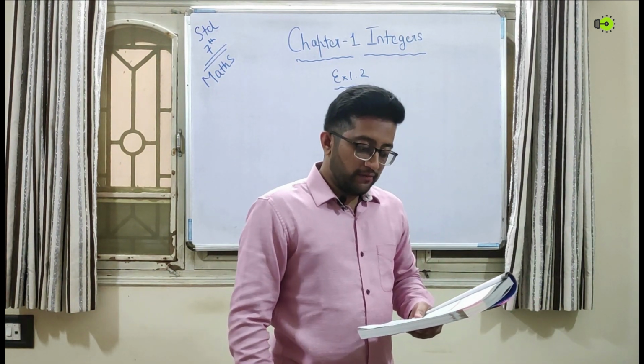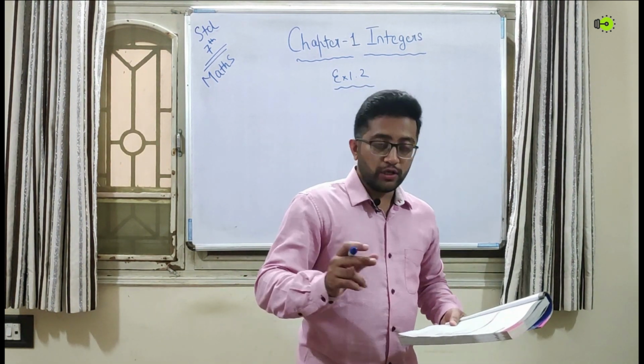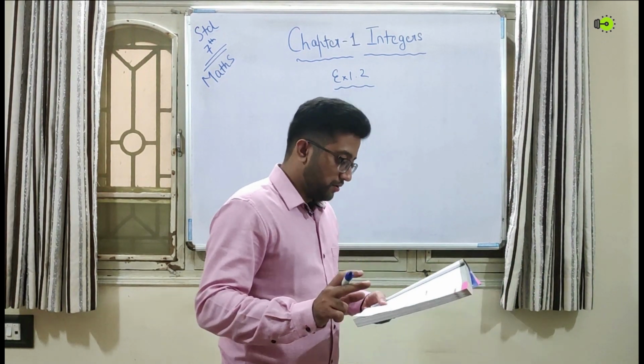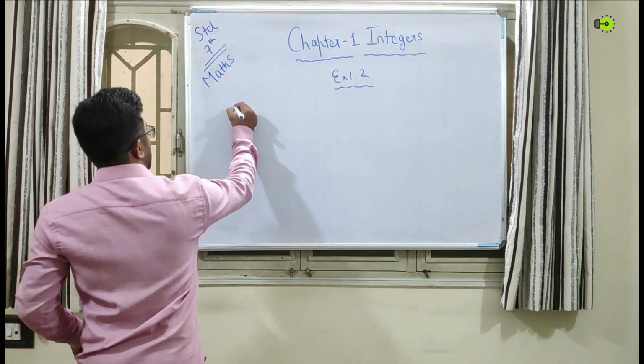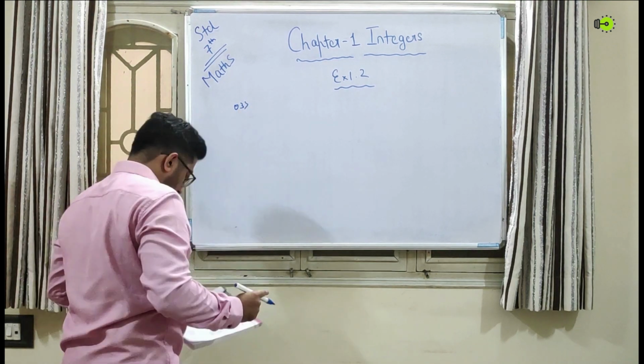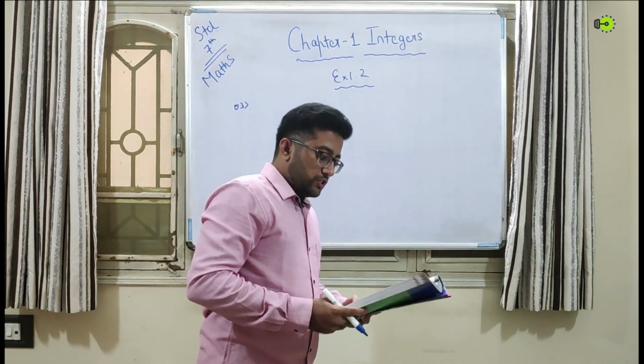Which team scored more, and can we say that we can add integers in any order? So there are two questions asked in question number 3. First of all, let us answer the first question, that is which team scored more.